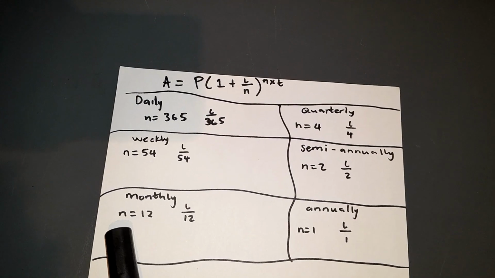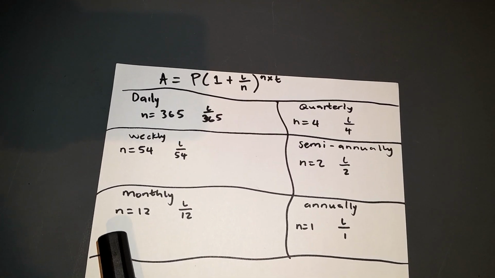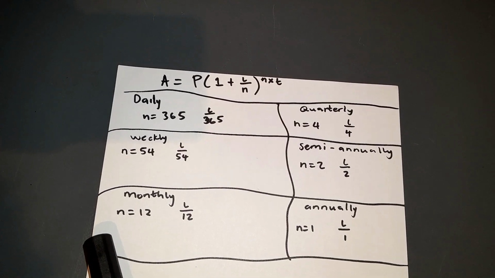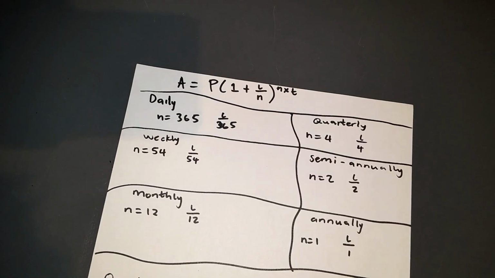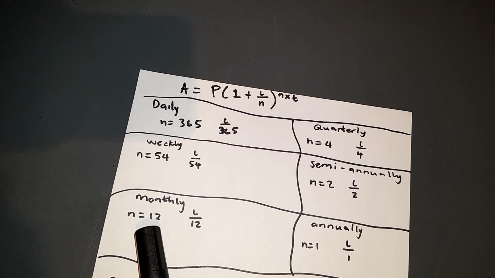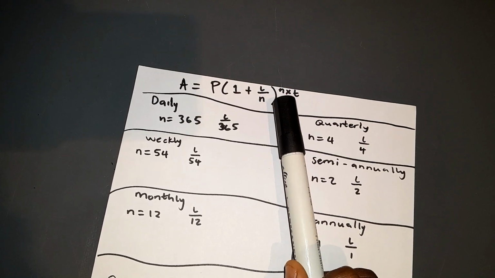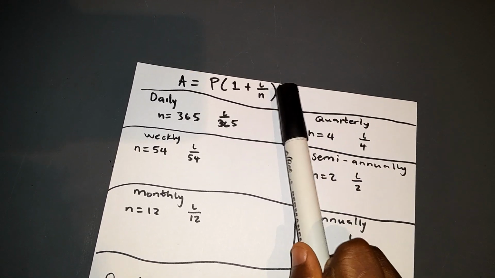Then the n will be 12, because it's compounded monthly, so every month the money will grow. And let's say maybe they say 2 years, it will be 12 times 2.